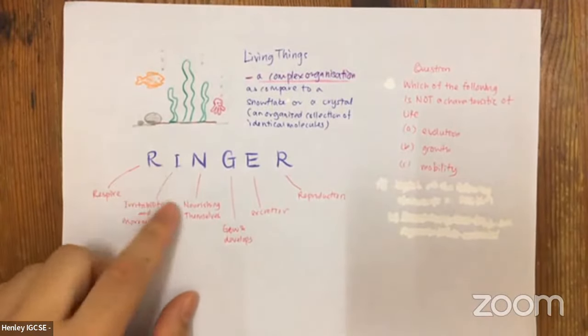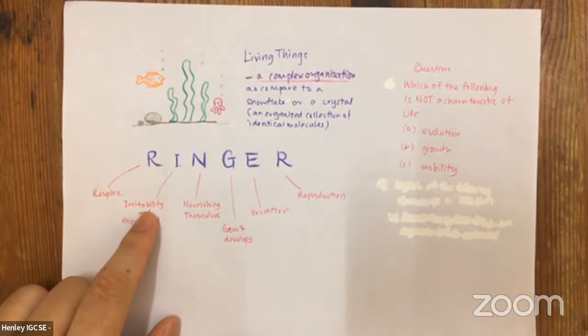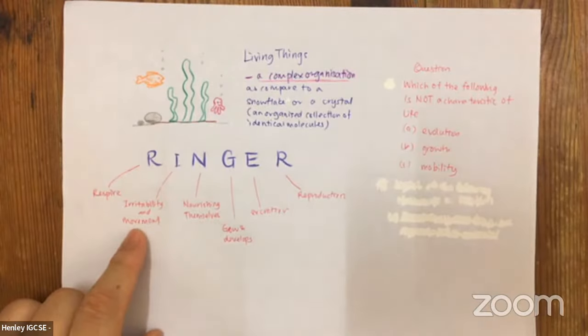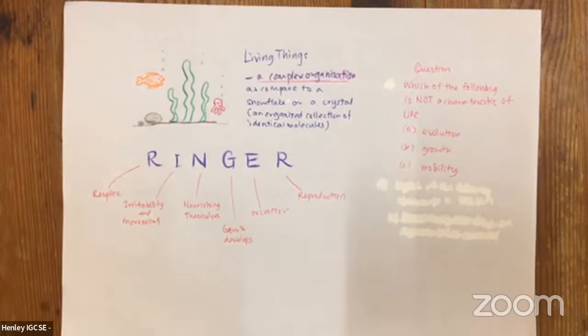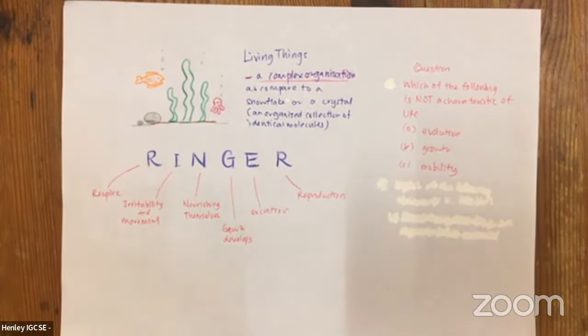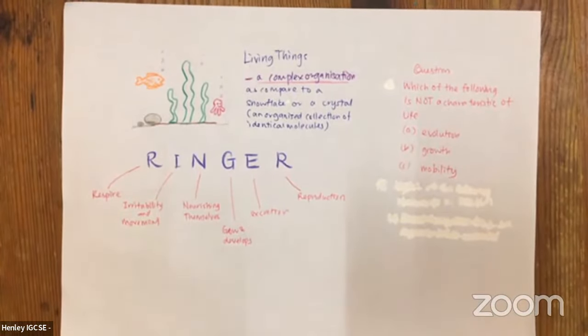The I here is different because they combine irritability, which is sensitivity, and movement, because they think that if you want to get some information from the environment, then we need output, which is feedback.